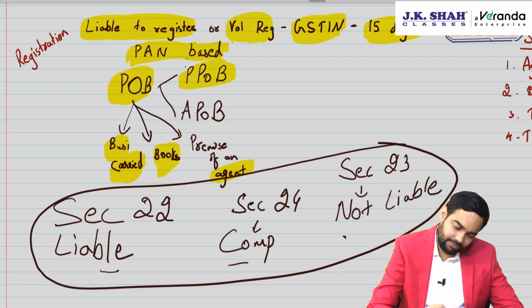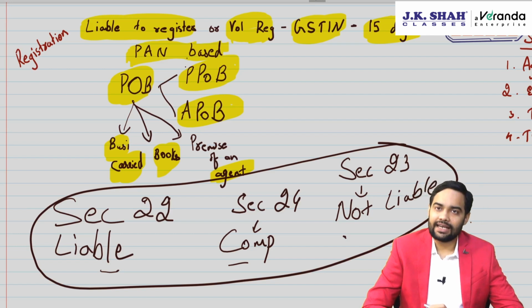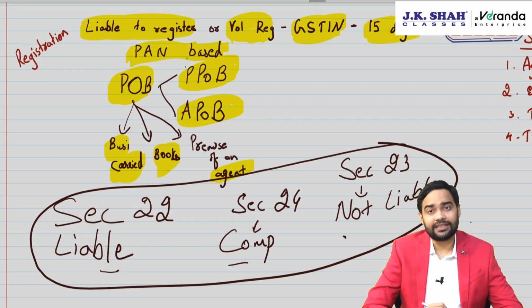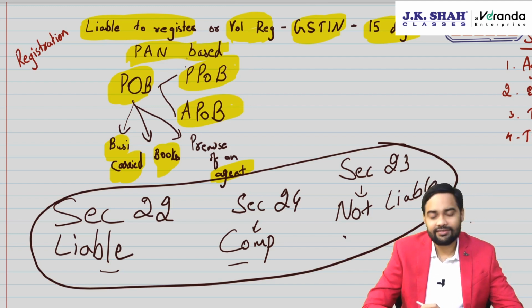One, principal place of business, and second one, additional place of business. Principal place of business is the one declared as principal in the registration, and all other places of business in the same registration are called additional place of business. So tell me, when there is a transaction between principal place and additional place, whether GST will be applicable?